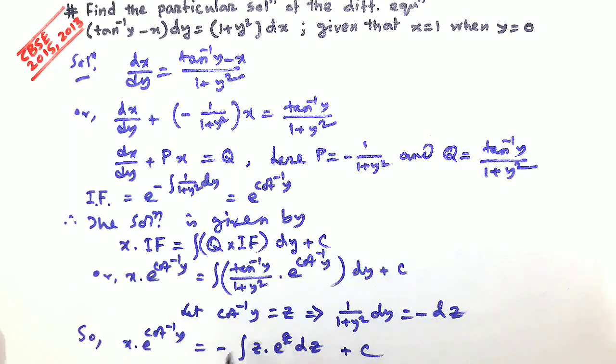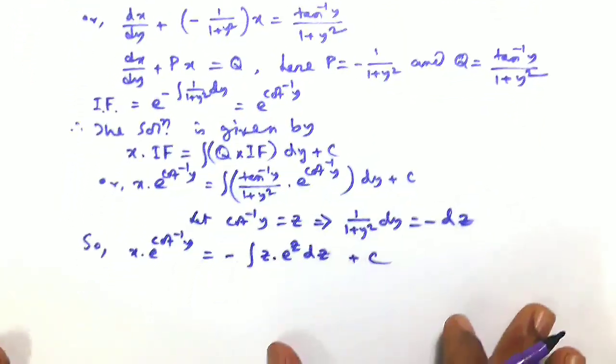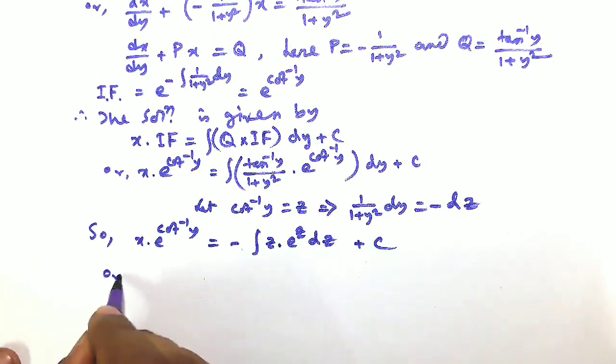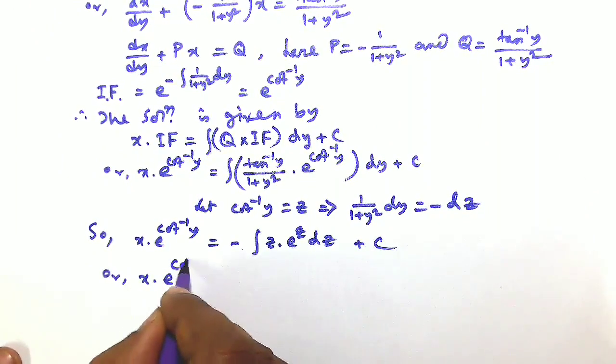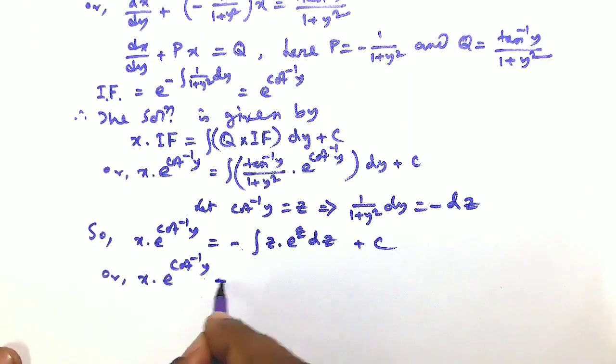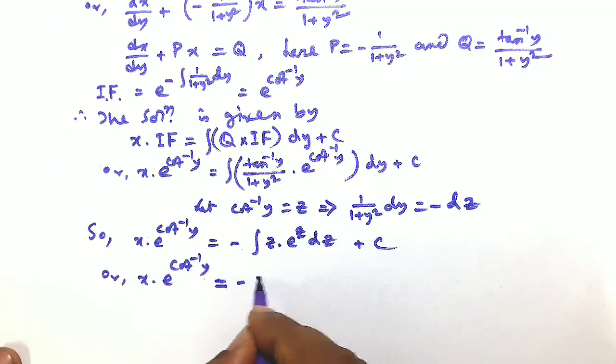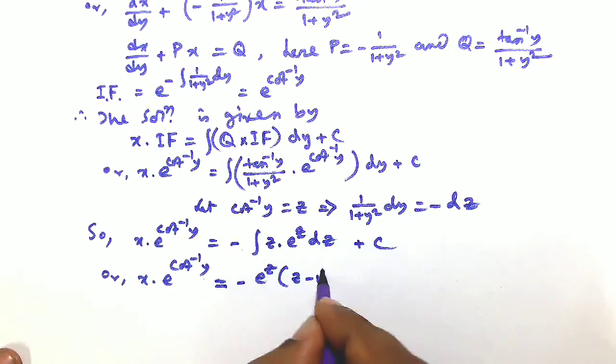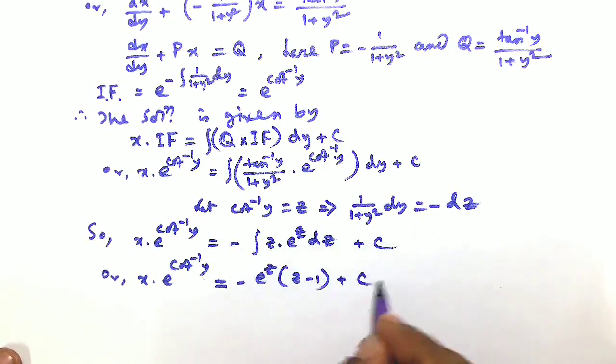So we can use by parts here. So friends, the step is now x into e to the power cot inverse y is equal to minus e to the power z into z minus 1, after calculation you will get. This is a simple step, plus c.